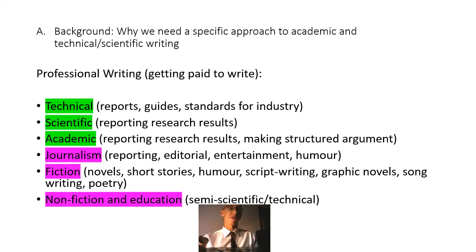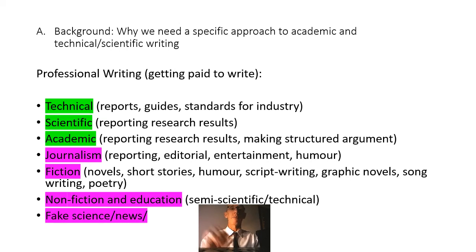There are two other forms that we need to consider. Fake science. That's actually a professional writing skill. People put fake science and fake news on the internet, and they make money out of it. They get paid by some think tank which is trying to sabotage the political system, or they get paid by sponsors, AdSense, just by getting hits to their website.